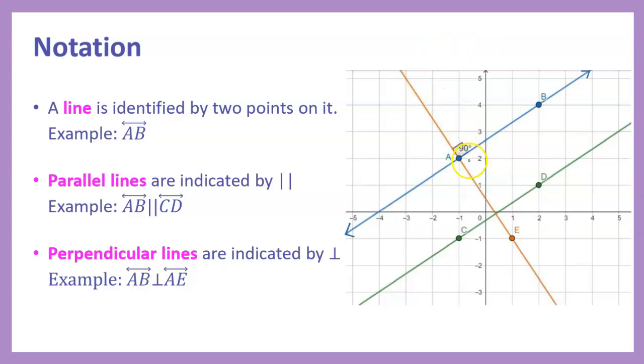And we identify this line AB by writing the 2 points that are on it, AB, with a line with arrows over the top. If we were just looking at the line segment, it would be without arrows. And we can identify other lines as well this way. We could do line CD the same way. We could look at line AE the same way.